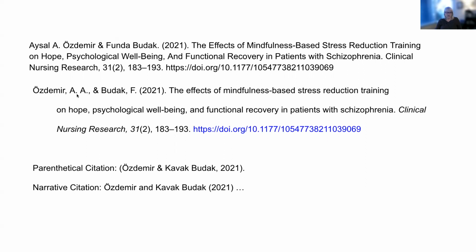Here's the last name, first two initials, last name, first initial. Then you have your title of the article. Only the first word is capitalized. Then the journal name with italics and title case, the volume number, the issue, the page range, and that DOI address that is hyperlinked. If you were to refer to these in citations in the paper, they would look like this.